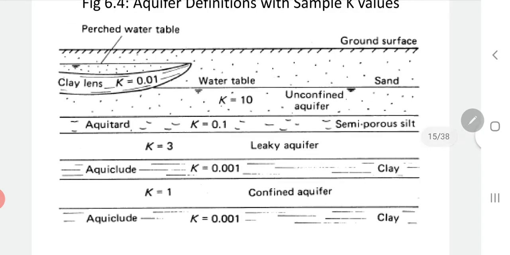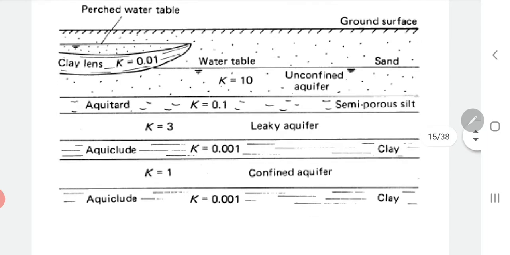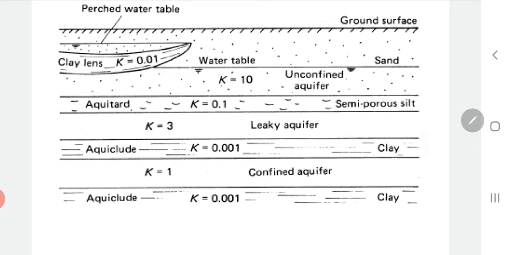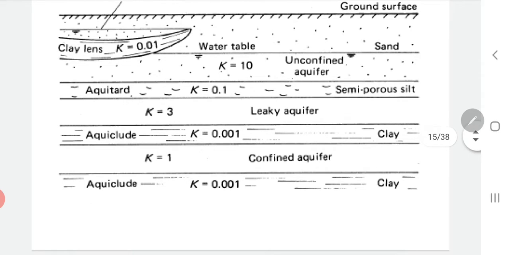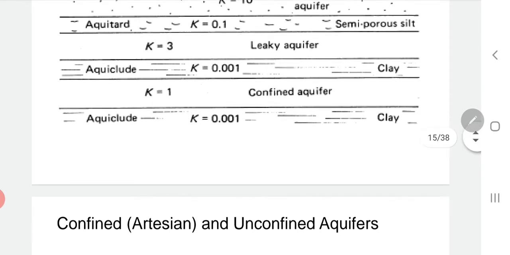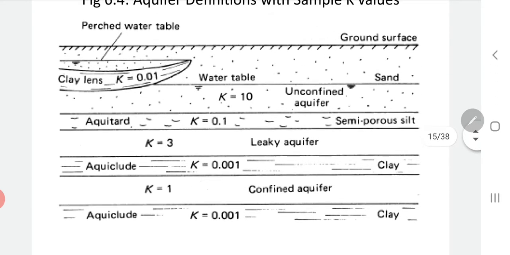So you have the water table in the area of sand. Of course, you can withdraw water from this area. But if you have semi-porous silts, you have difficulties to withdraw. And if you have aquitards, you know that inside there is water, but it's very hard for you to extract water from it.